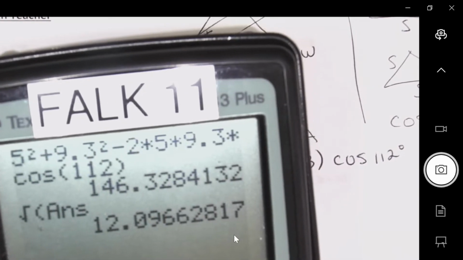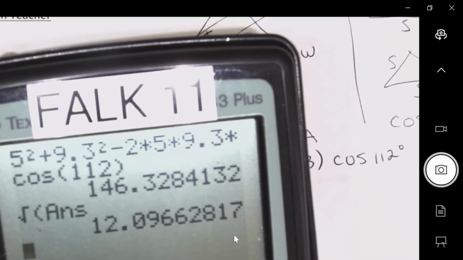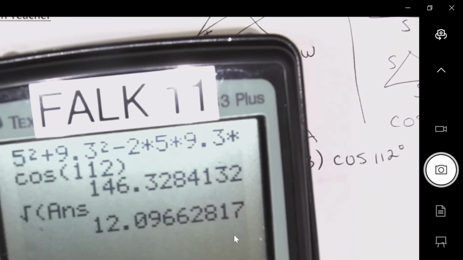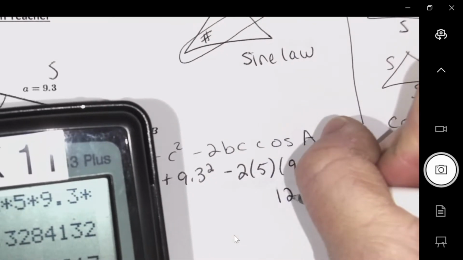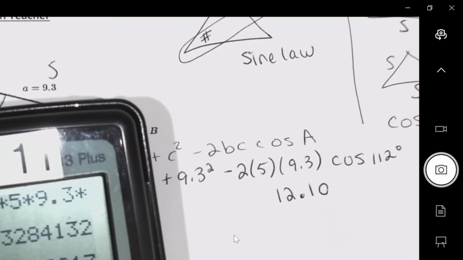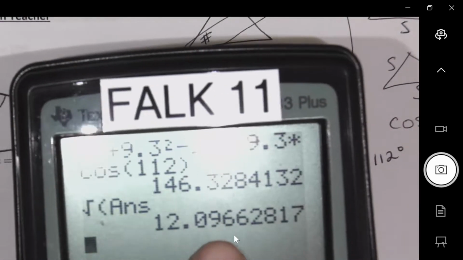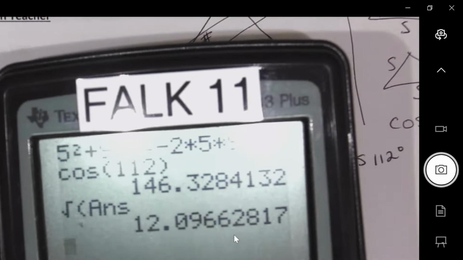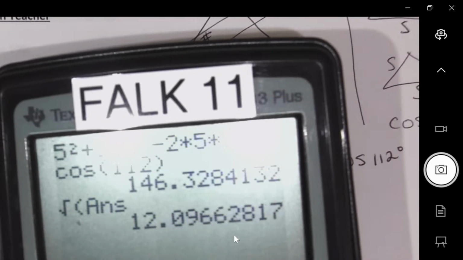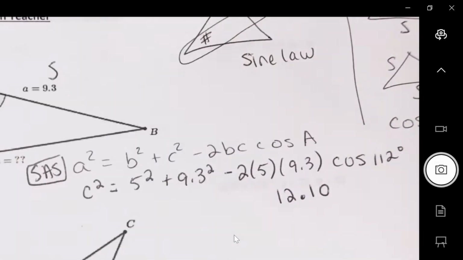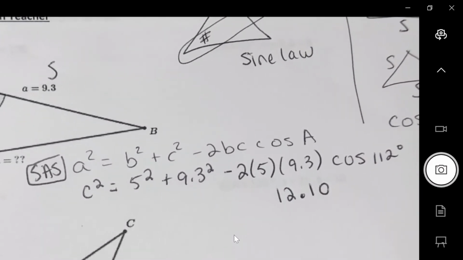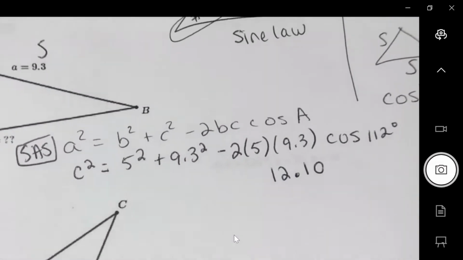Everyone's matching, just over 12. Okay, on your exam you're expected to round to 2 decimal places, so this would be 12.10. Okay, because this 9 would go up, so then the 9 would turn into a 10.